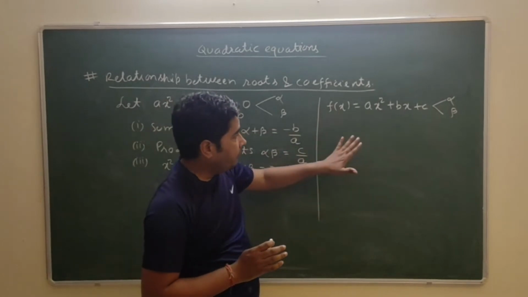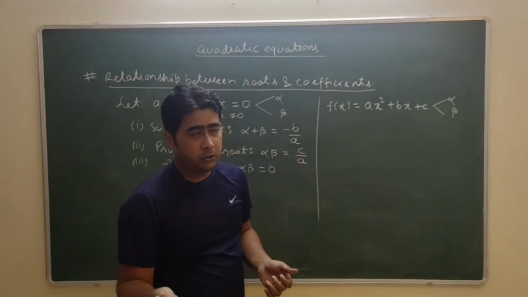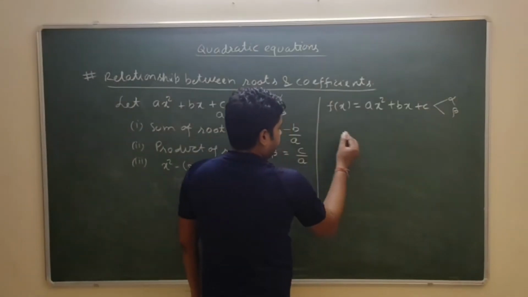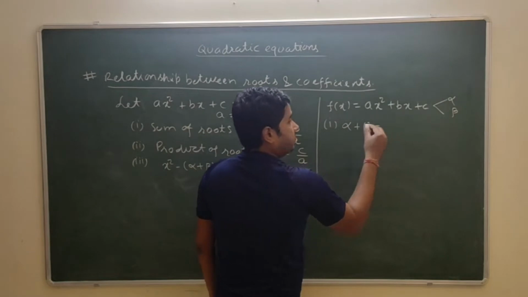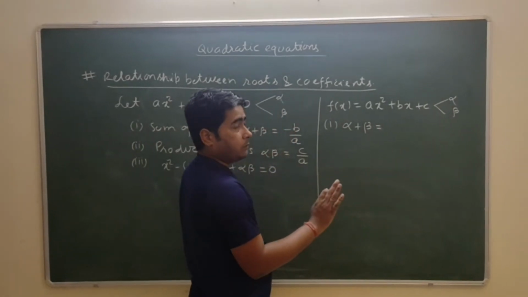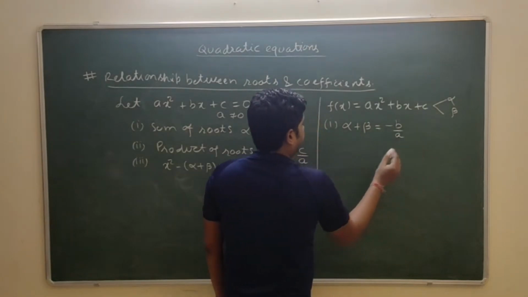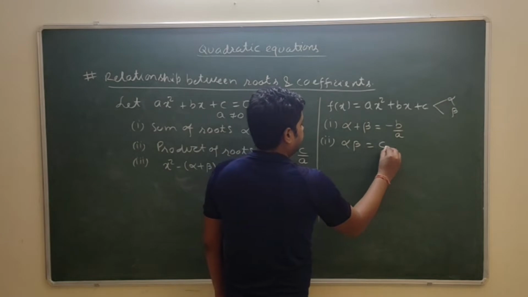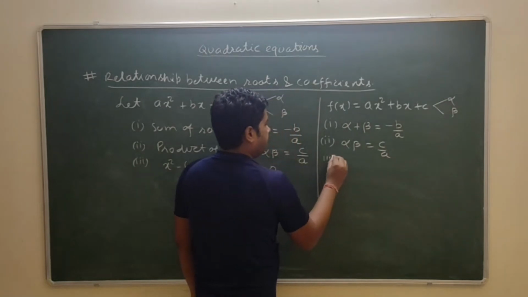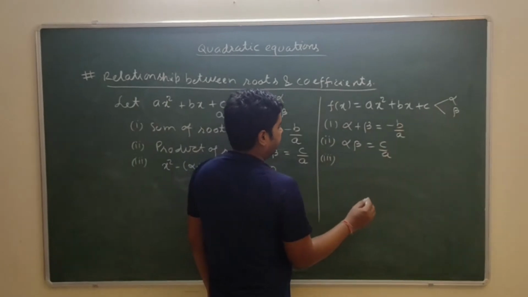So for a polynomial we use the word zeros, and for an equation we use the word roots or solutions. So in the quadratic polynomial, the sum of zeros will be minus b by a, the product of zeros will be c by a, and the third formula is for forming the quadratic polynomial if you are given alpha and beta.